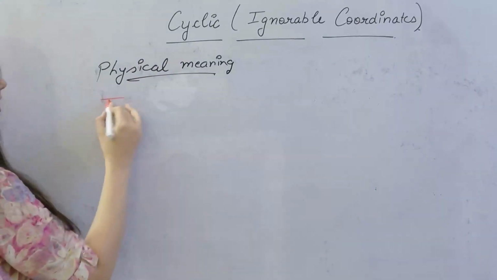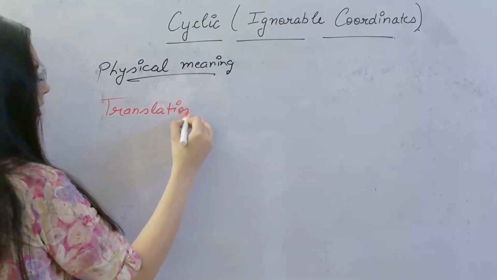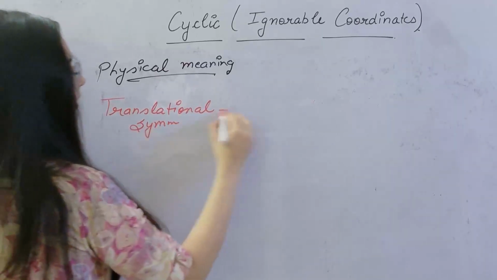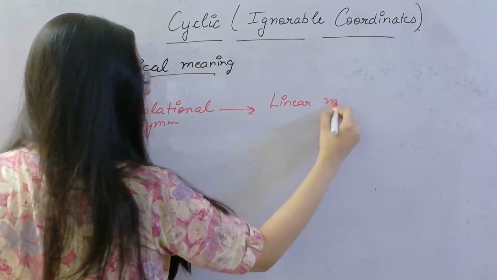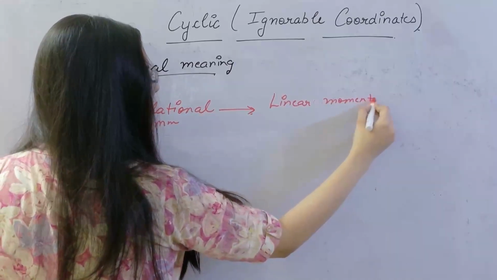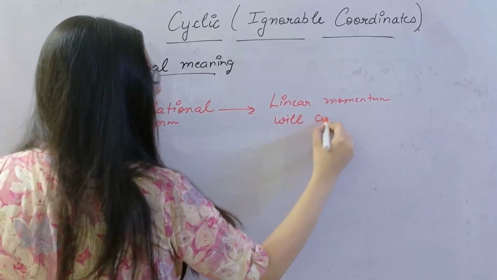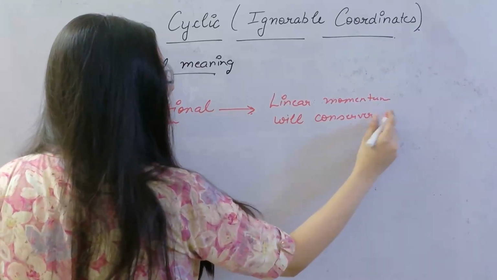If we have translational symmetry, then the corresponding linear momentum will remain conserved. My linear momentum will remain conserved.